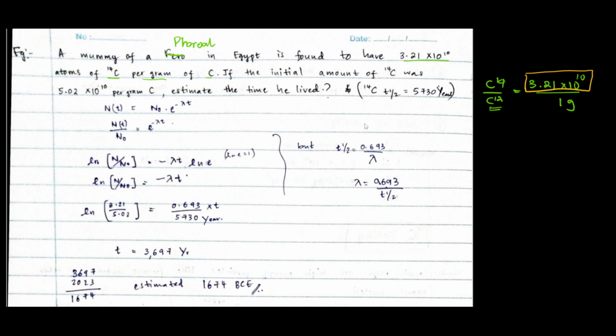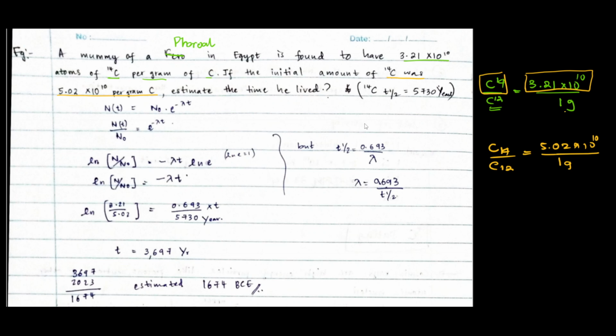So according to that information, they have given the current amount of C14. And they say the initial amount of C14 was 5.02 into 10 to the power 10 per gram of carbon. So, according to nature, it should have had 5.02 into 10 to the power 10, sorry, number of C14 for a gram of carbon.